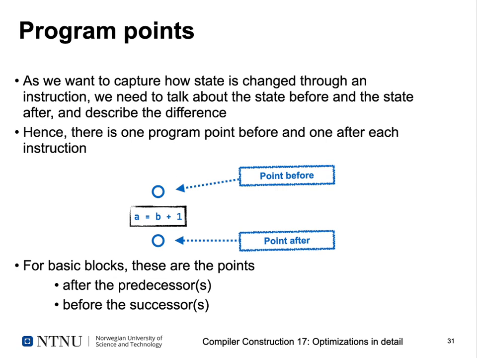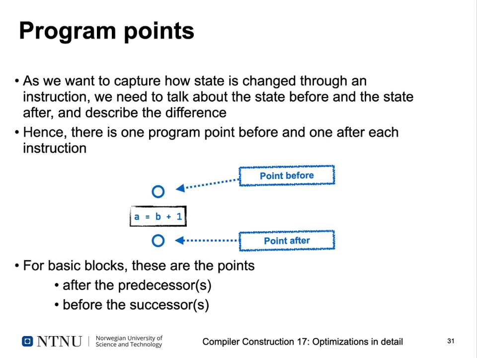So values of variables in our program are changed by the single instructions we're executing. Since we want to capture how the state of variables is changed through an instruction, we need to consider the state of a variable before we execute that instruction, and we need to consider all the changes to variable values and liveness that have happened because we have executed the instruction.